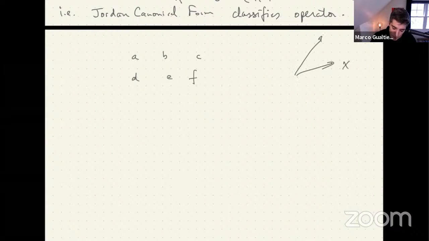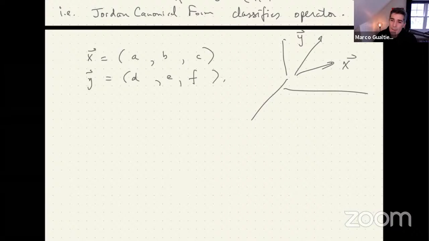two vectors in 3 space, if this is X and this is Y, then it's not true that you have a volume, which is a number, but you have a wedge product, which will be made of the component 2 by 2 determinants.